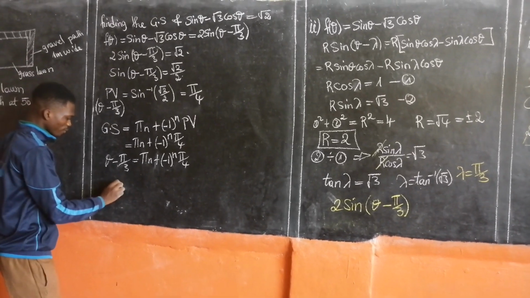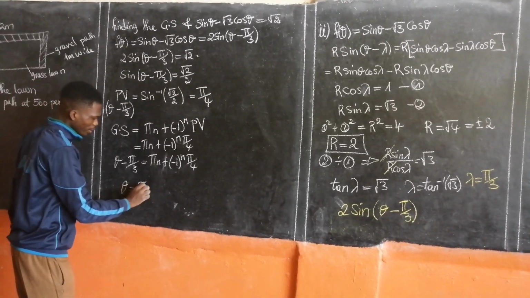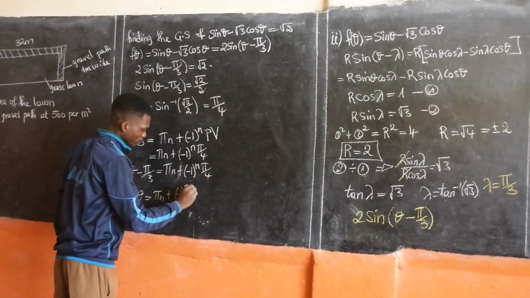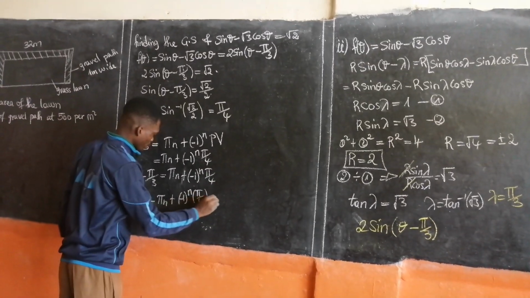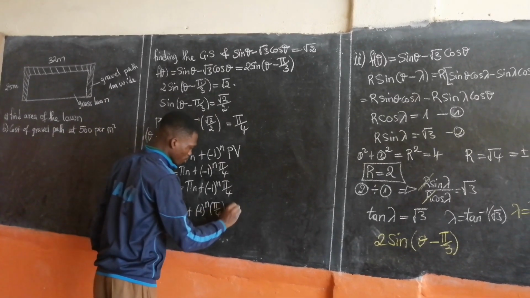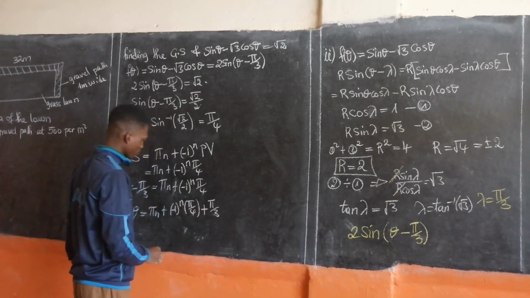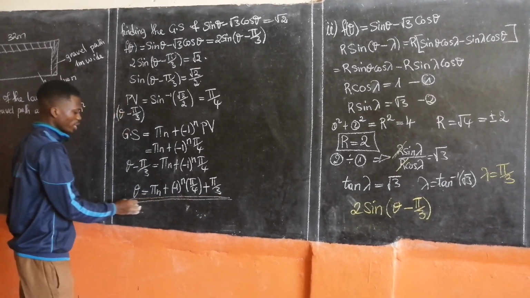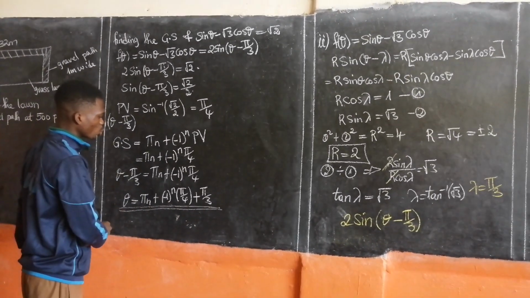So finally, theta is equal to pi n plus (−1) to the power n times pi on 4, then plus pi on 3. This is the general solution of the equation f of theta equal to root 2.